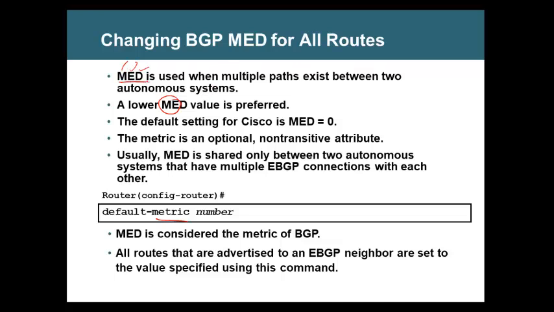Multi-exit discriminator is used when multiple paths exist between two autonomous systems. Lower metric is preferred. The default is 0 in Cisco. And the metric is an optional non-transitive attribute.